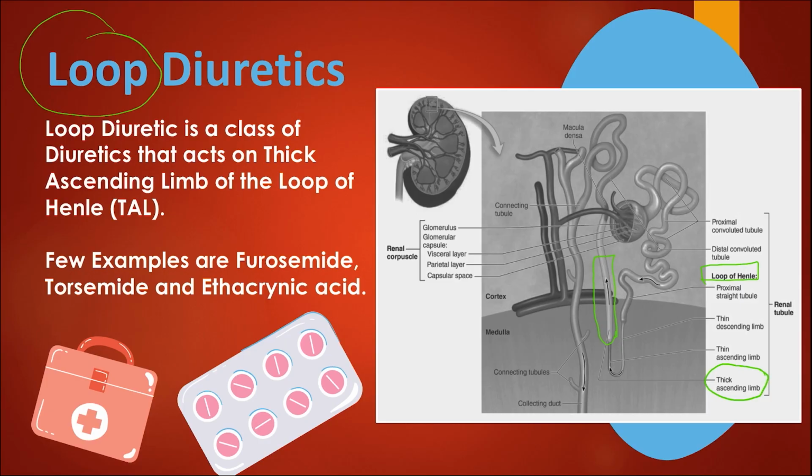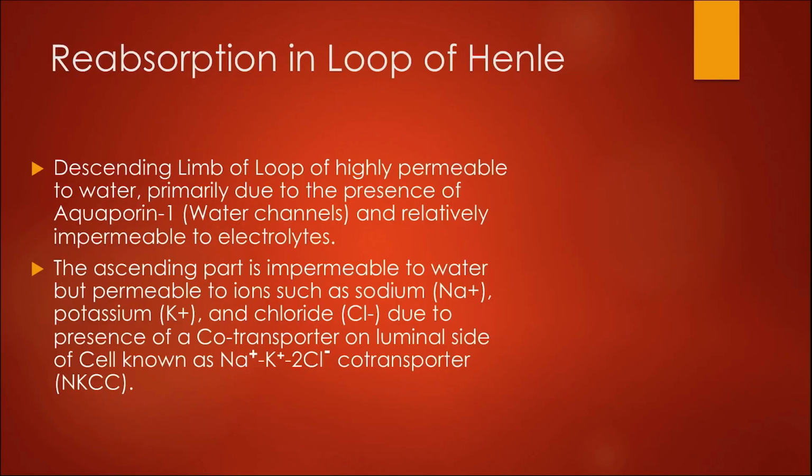So the diuretics which act on the thick ascending limb or thick ascending part of the loop of Henle are loop diuretics. The loop of Henle consists of a descending part, a hairpin bend, then an ascending part which is thin, then again an ascending part which is thick.